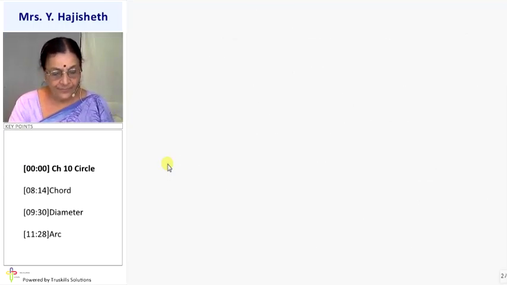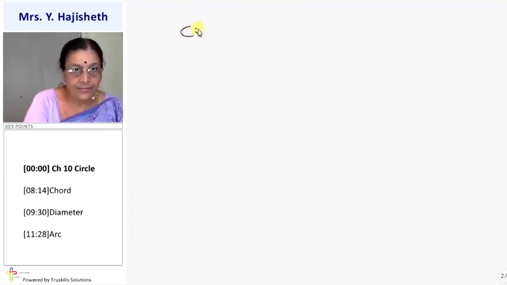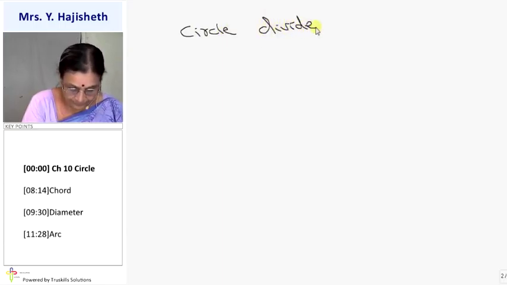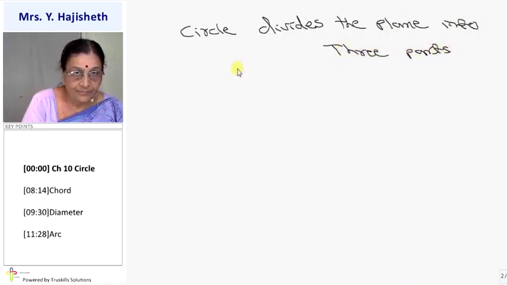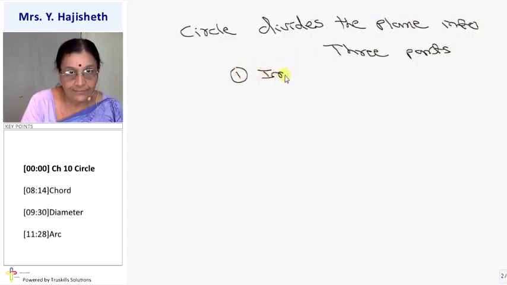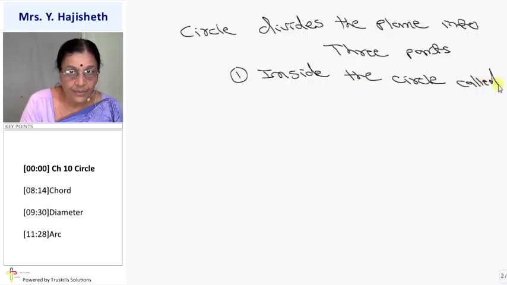So I can say the circle divides the plane into three parts. Number 1, inside the circle, called the interior of the circle.